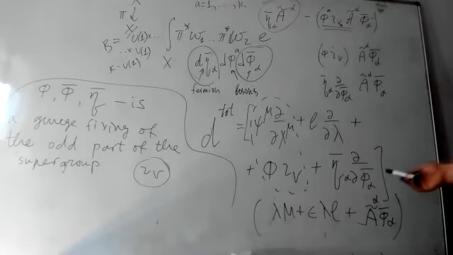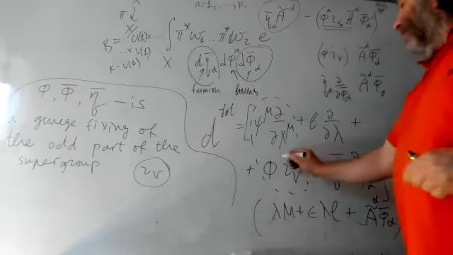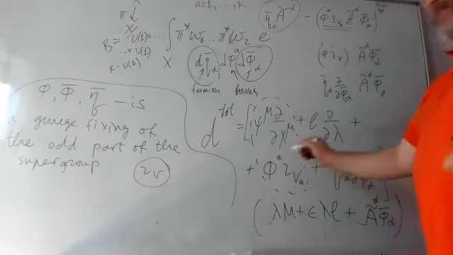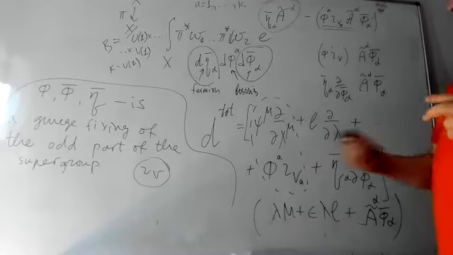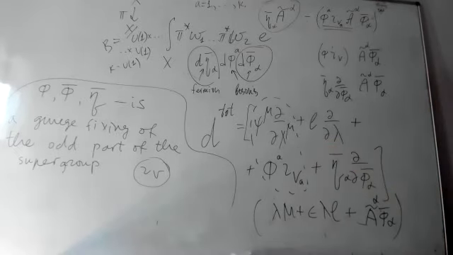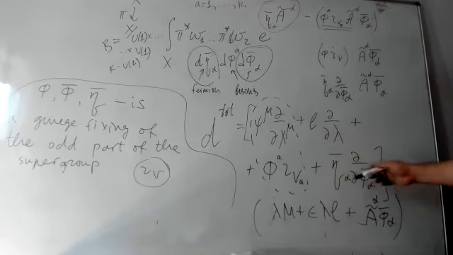So actually the meaning of phi and phi bar is different. Phi takes values in the Lie algebra. Phi bar takes values in a very different space. I intentionally called it by alpha.